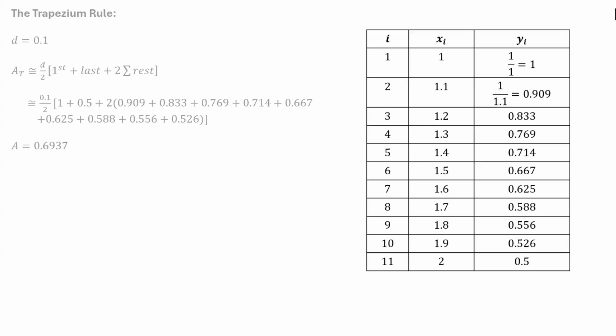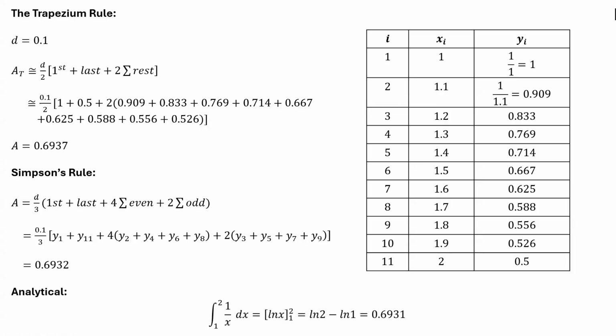It's quite close. So for Simpson rule, we put all the values. The value doesn't change because we take the whole width. It becomes 0.6932. And as we take our analytical value, here is 1 by x. And the integration of 1 by x is ln x.